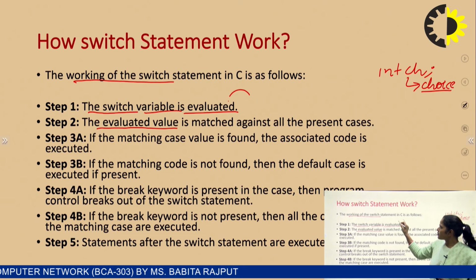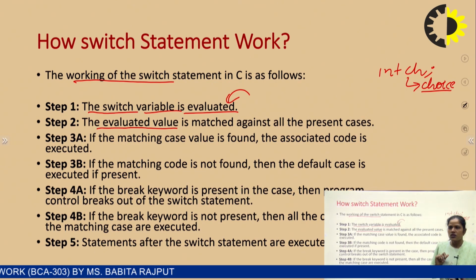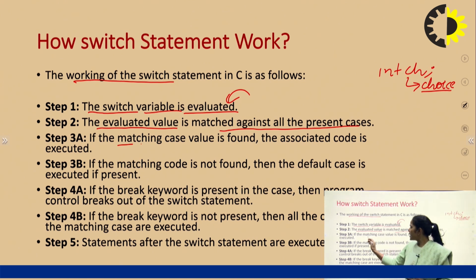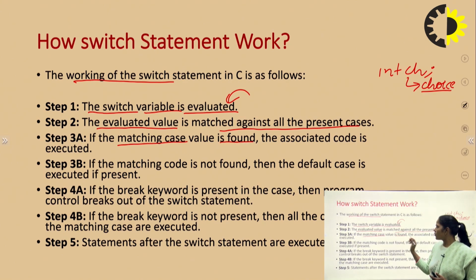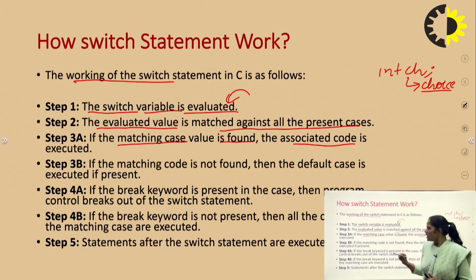Evaluated value means the value we provide in the switch variable is matched against the cases present in the program. If a matching case value is found, then the associated code is executed for the selection, right?